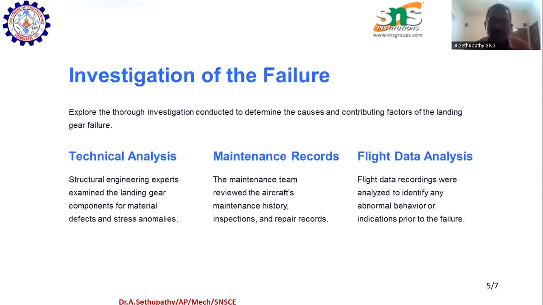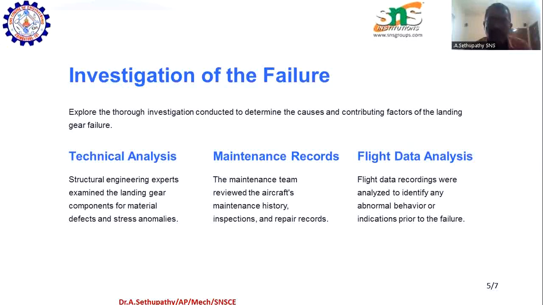Investigation of the failure. Explore the thorough investigation conducted to determine the causes and contributing factors of the landing gear failure. Technical analysis: structural engineering experts examined the landing gear components for material defects and stress anomalies.